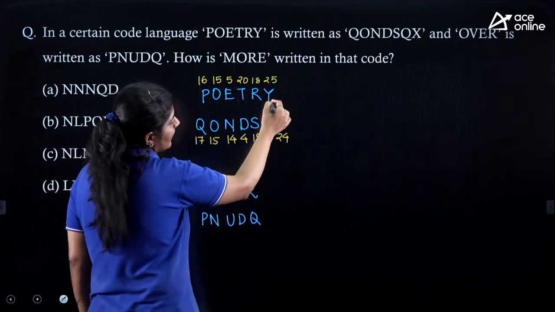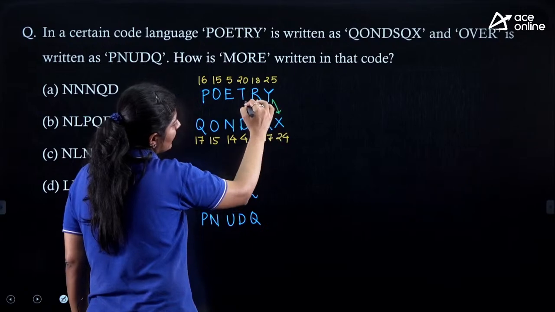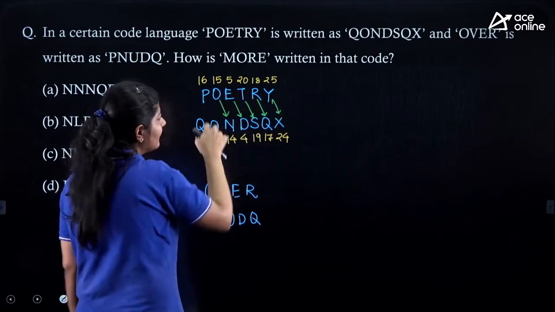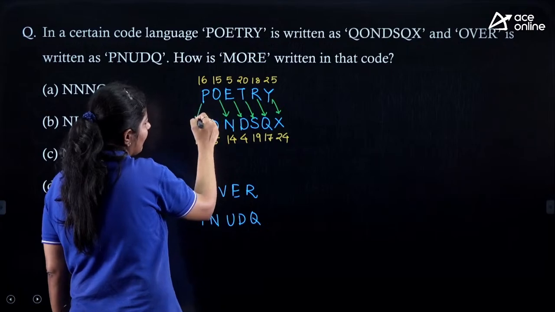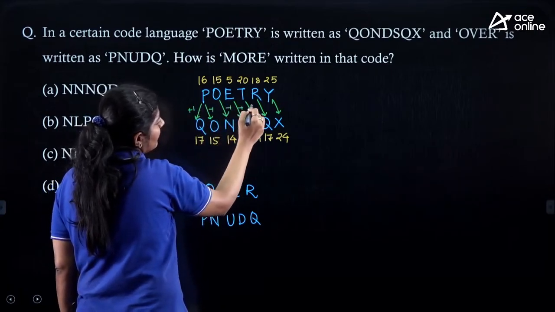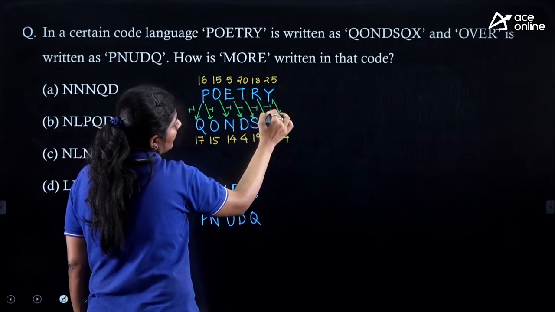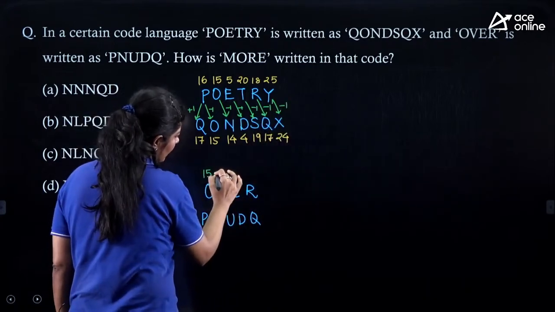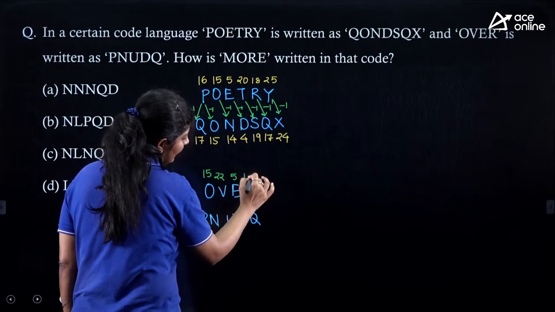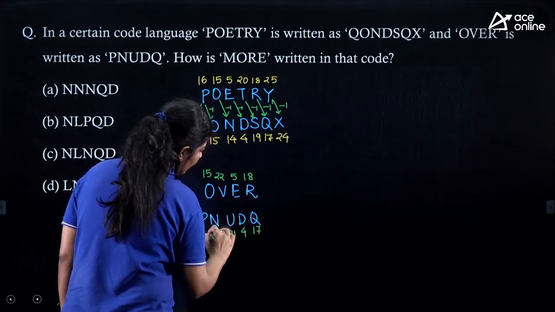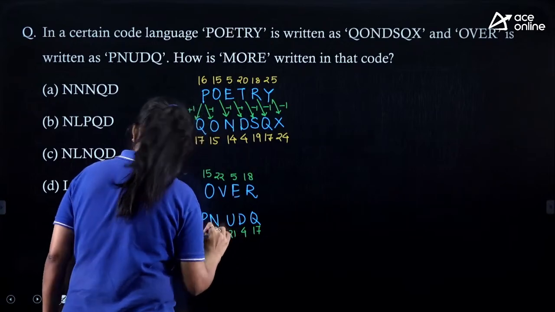Now just see, -1, -1, -1, -1 and -1. But just for the first letter we are having +1 and -1 both. The same follows over here, 15, 22, 5 and 18, and 17, 4, 21, 14 and 16, right?